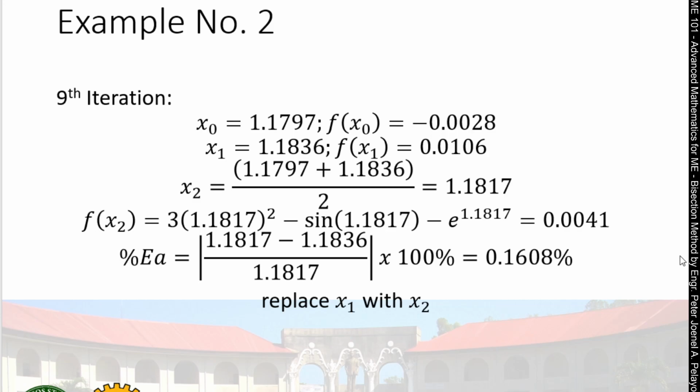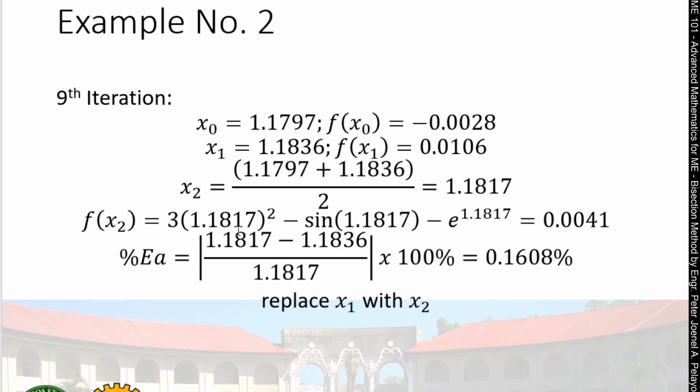Ninth iteration. So, ang x0 natin is 1.1797 with the f of x0 negative 0.0028. x1 natin is 1.1836 with f of x1 0.0106. And then, substitute, kunin natin midpoint. So, 1.1817. So, substitute natin.